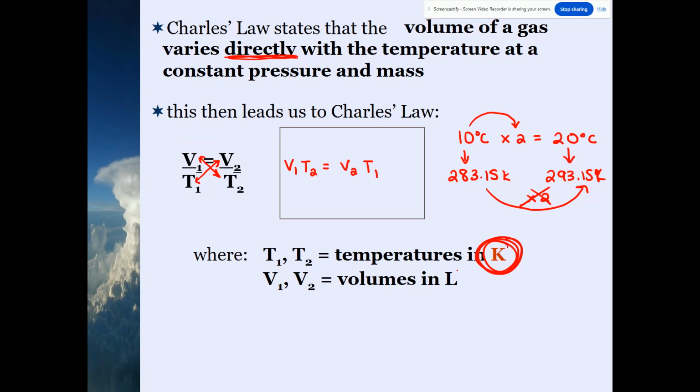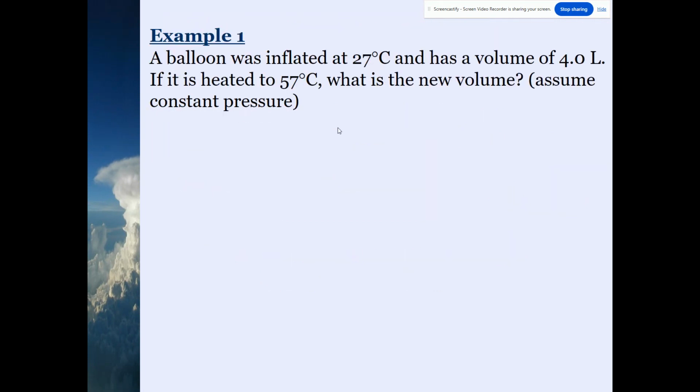Volumes, again, the standard unit is liters. So this is your formula: V₁T₂ equals V₂T₁. Let's look at some examples of solving this. A balloon was inflated at 27 degrees Celsius with a volume of 4 liters.